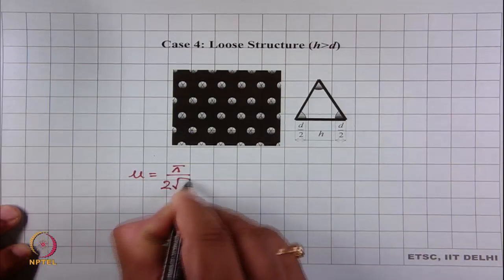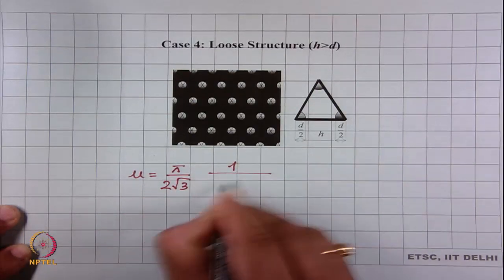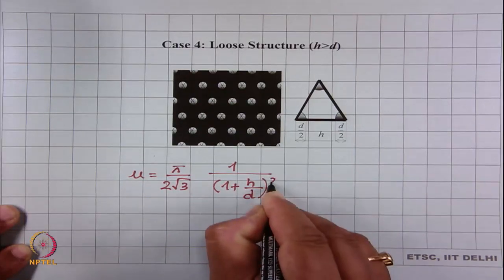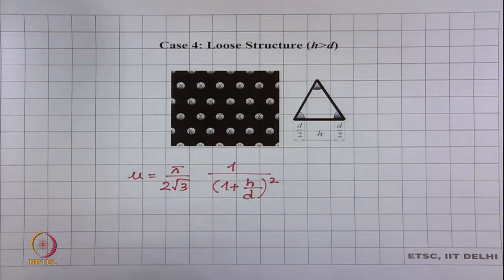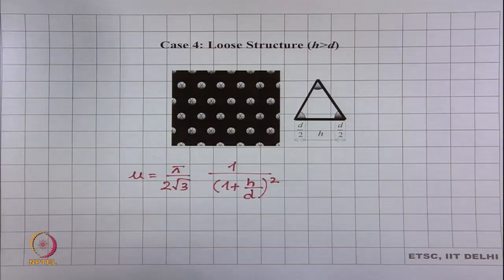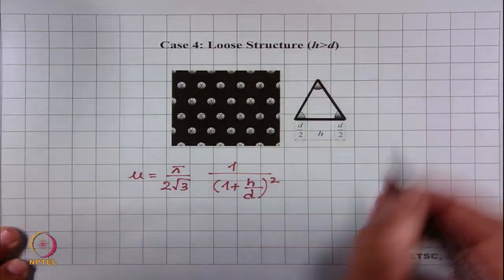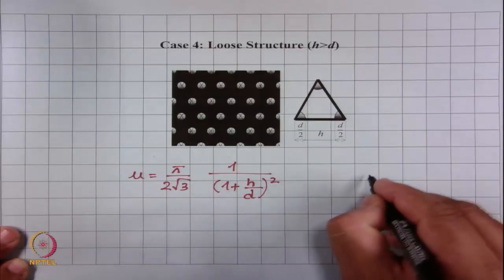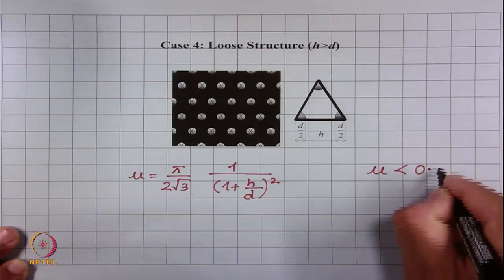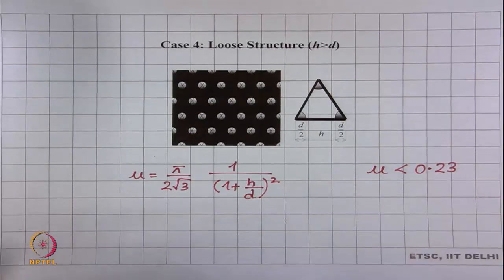This is the general formula for packing density of hexagonal fiber packing arrangement. If you put this condition, then you will find out packing density of the structure will be less than 0.23.